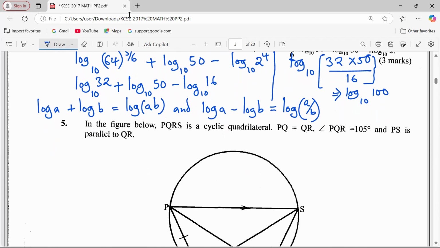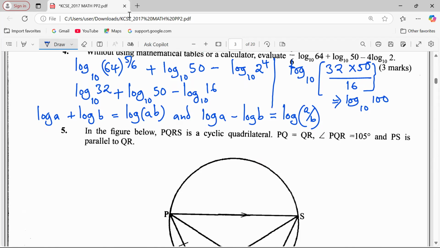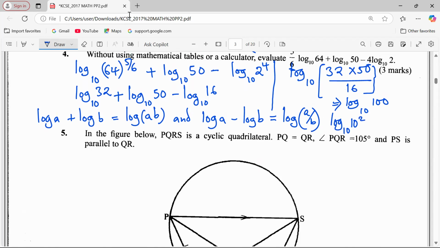Remember, we can now proceed using several approaches. One, from this point, we can say log to base 10 of 10 power 2.